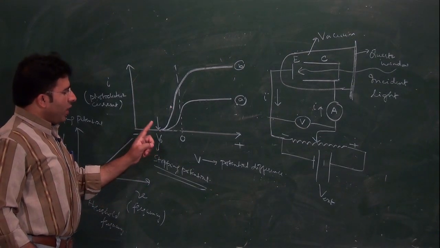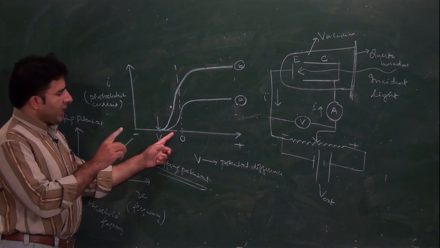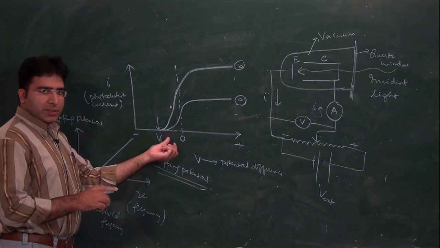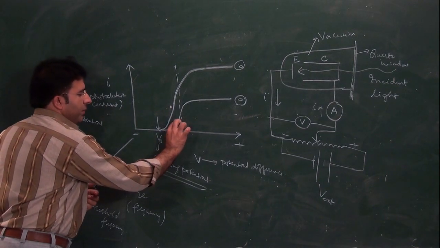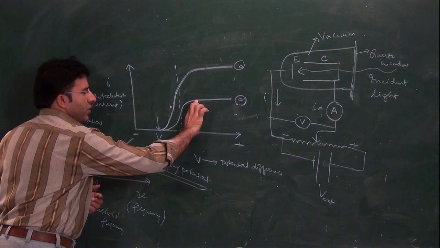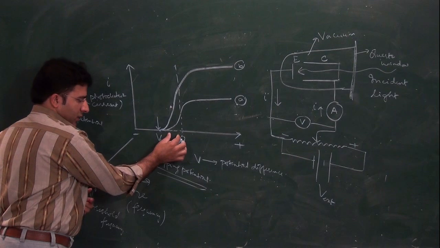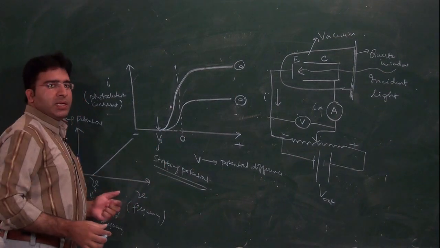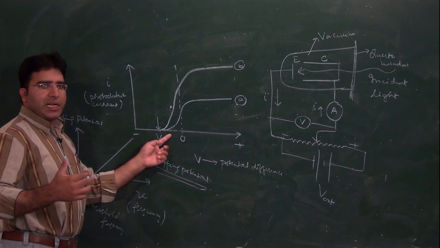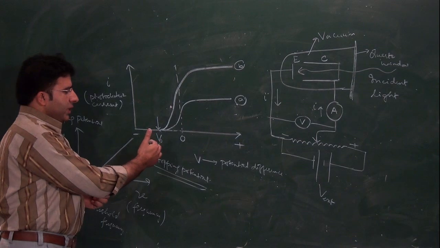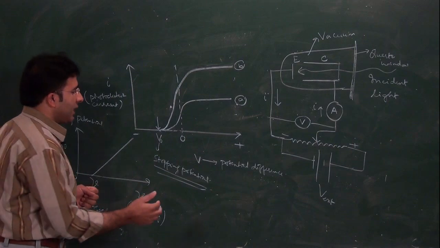So from the graph we can say the electrons which contribute current in this zone must be moving faster compared to the electrons contributing current here. Why so? Because in this zone electrons have to overcome the opposition to reach the collector, and they can overcome that only when they are moving fast. Their kinetic energy should be large.